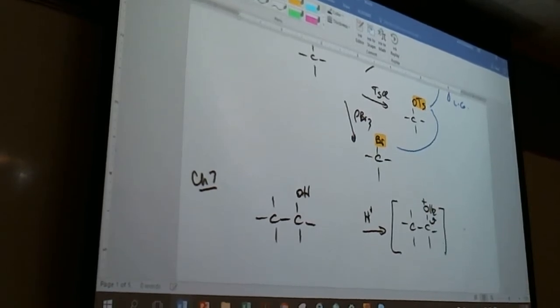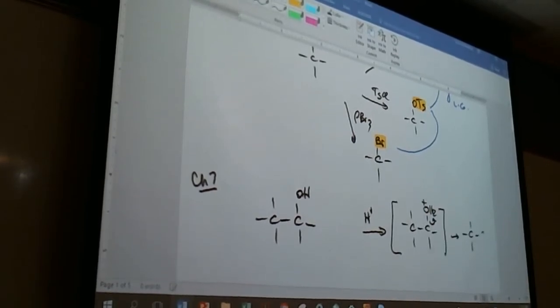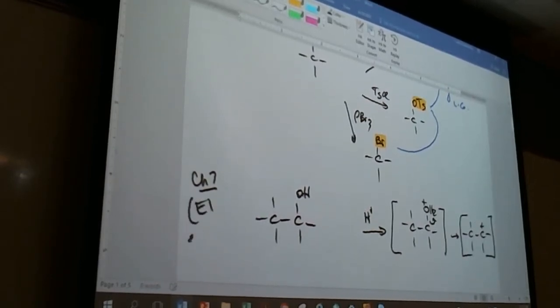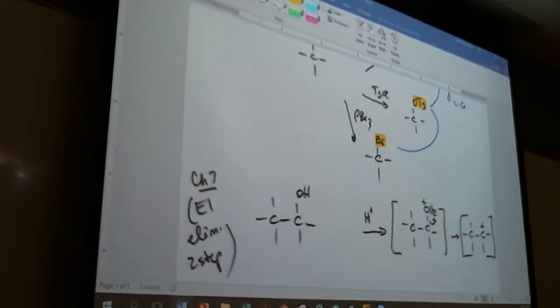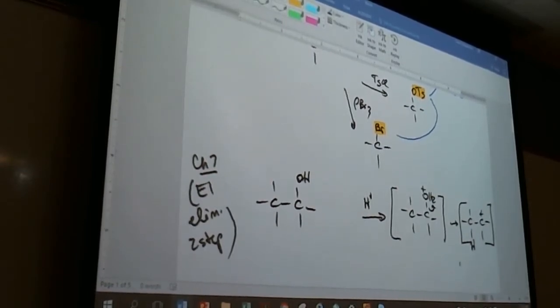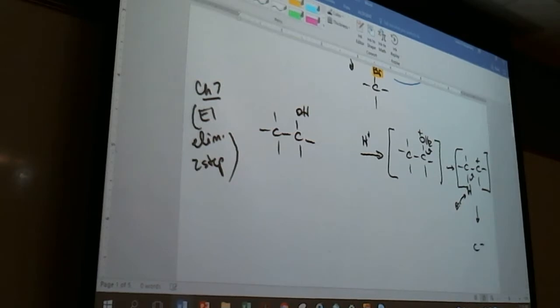which then leaves and forms a carbocation. This is an E1 elimination, right, two-step. And then some solvent, whatever comes by, extracts this hydrogen, and at the end of the day, you form an alkene, right?